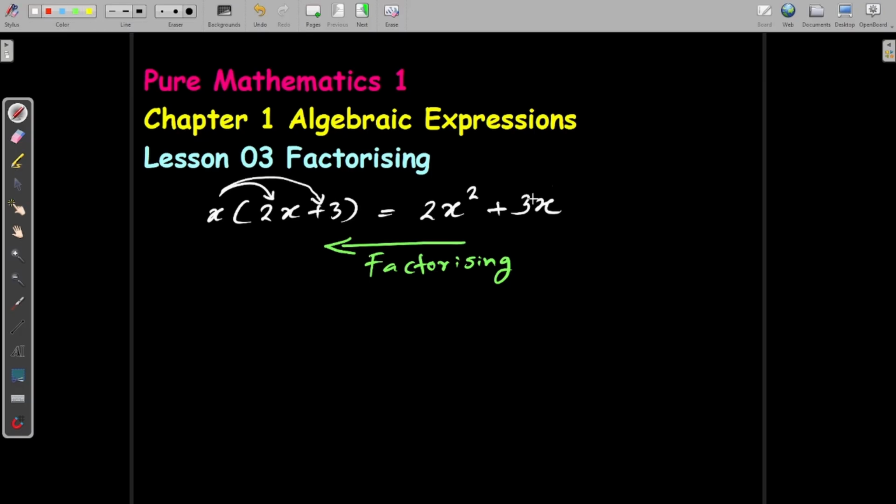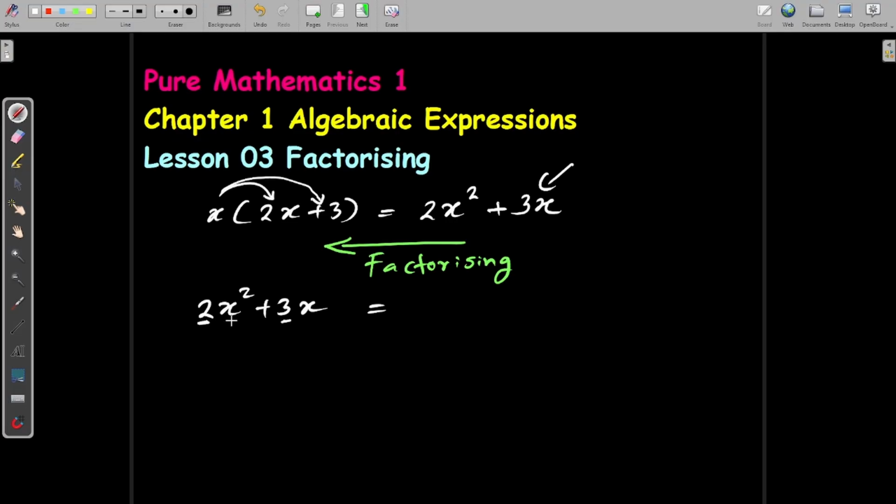On the right-hand side, we have 2x to the power 2 plus 3x. To factorize, I have to look at what the common terms are for both of these terms. The 2 is not common, because here we have 2 as the coefficient and 3 in the second term, so no numerical terms are matching.